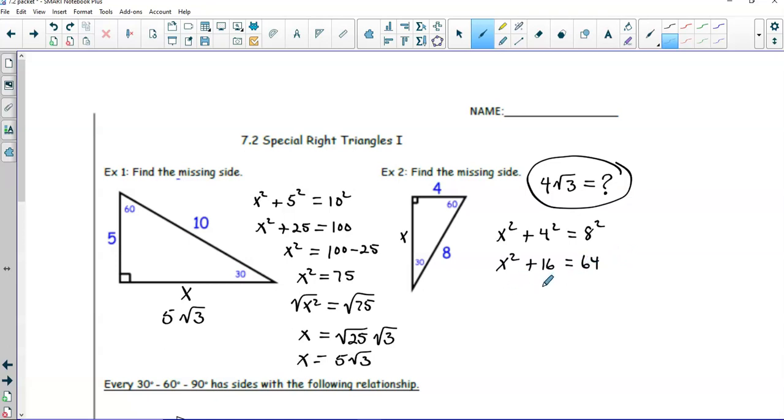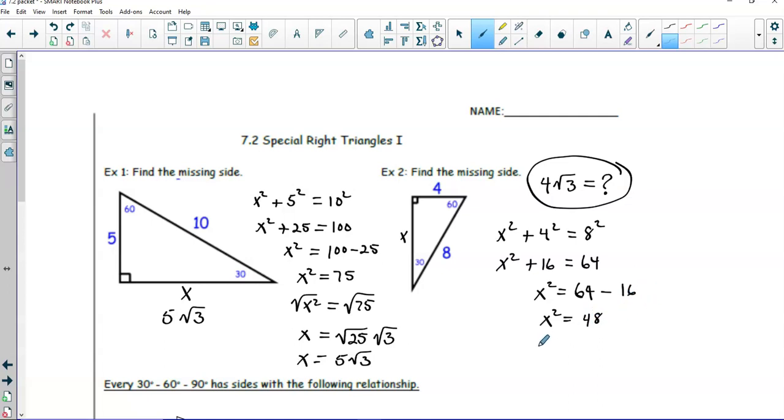Well, that means that x squared is equal to 64 minus 16. Okay, so x squared equals 48.